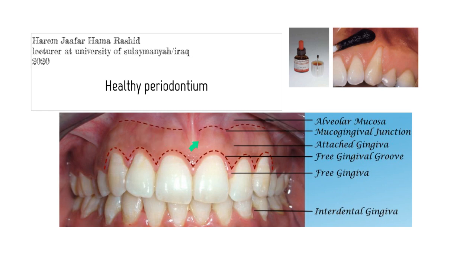Then we have the attached gingiva. The attached gingiva is keratinized, and it's firmly bound to the underlying bone and the cementum. And the width of the attached gingiva varies among the locations inside the mouth. For example, it takes the narrowest width at the lower lingual aspect of the mandibular incisors, and labially in the canine region and the first premolar.